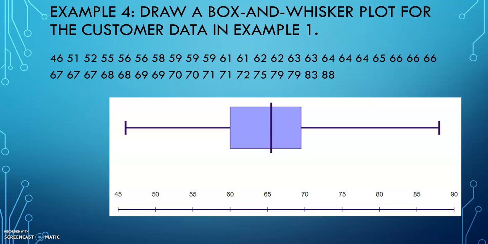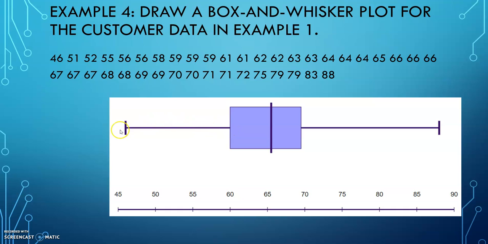Example 4, draw a box and whisker plot for the customer data in example 1. We already found our Q1, Q2, and Q3. You can see our vertical line here for Q1, Q3, and Q2 is right there, the median. Not the middle of the box, but the median of the numbers.